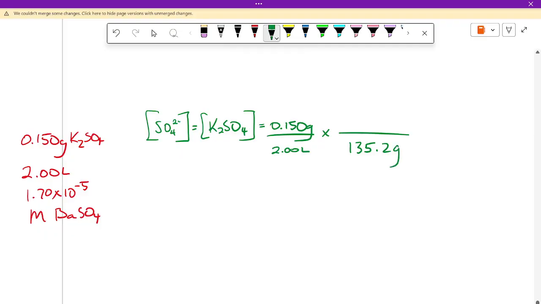What? 1.70 times 10 to the negative 5 BaCl2. Oh, BaCl2? It doesn't matter. Or I guess it does. No, it doesn't, because I'm worried about the barium. BaCl2. Okay. Oh, I did not.